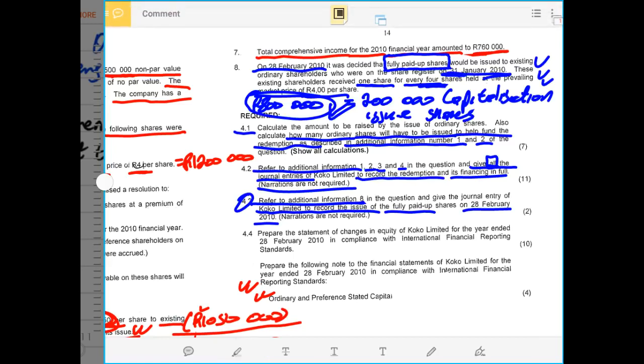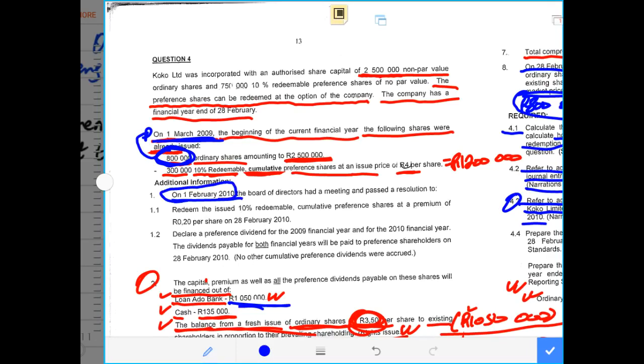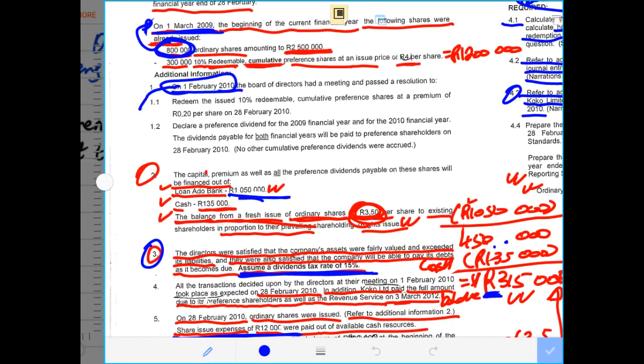We said the only shares that were in the register by that date were the ones that were issued by the 1st of March 2009. So the ones that were issued on the 1st of January 2010, because of the redemption that took place in number 2 and number 3, are the ones they are referring to.